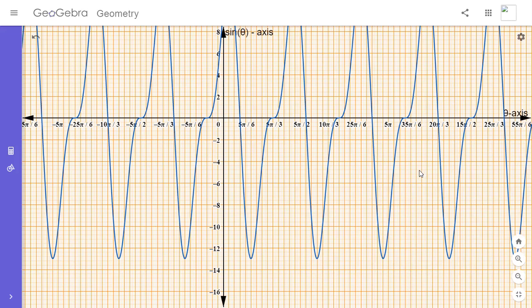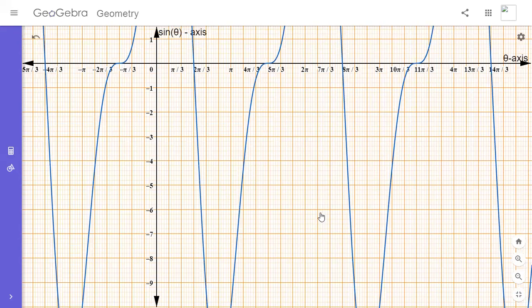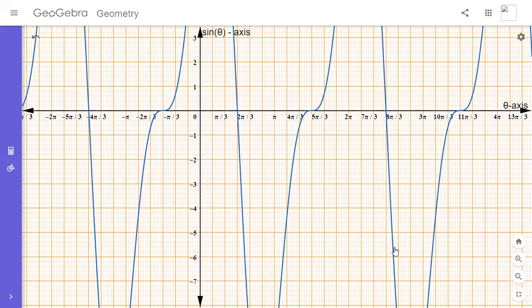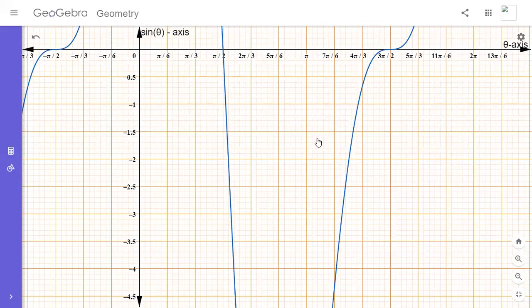That's what we got. So let's look for pi over 6. We're working with n as 0, so we're looking for pi over 6.